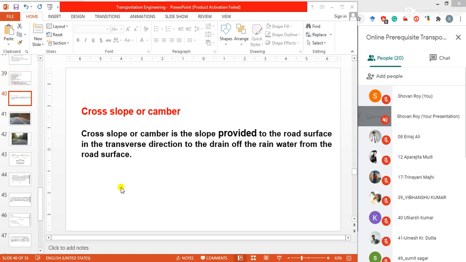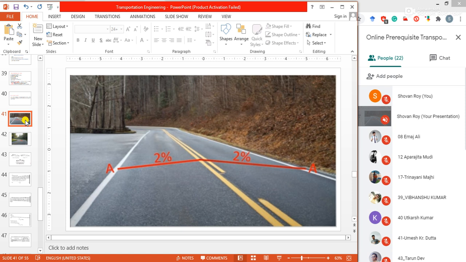Drainage and quick disposal of water from the pavement surface by providing cross slope is considered important. This is our cross slope or camber, the slope which is provided on the road surface to drain off the rainwater, because already I have said the rain or moisture or water content is harmful for our road or pavement.